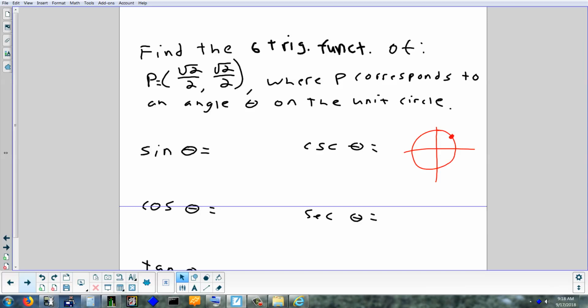But for today, they're giving you the coordinate for a 45-degree angle, so step 1 is done for you. X is root 2 over 2. Y is root 2 over 2. Right, so take a minute or two and see if you can figure out the 6 trig functions. And you might notice a lot of answers repeating here because x and y are the same.